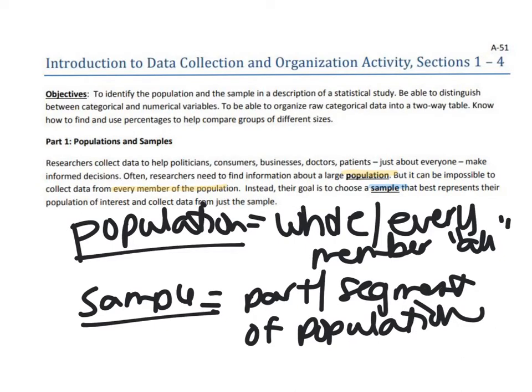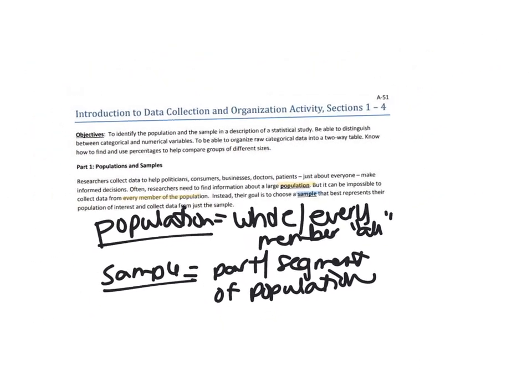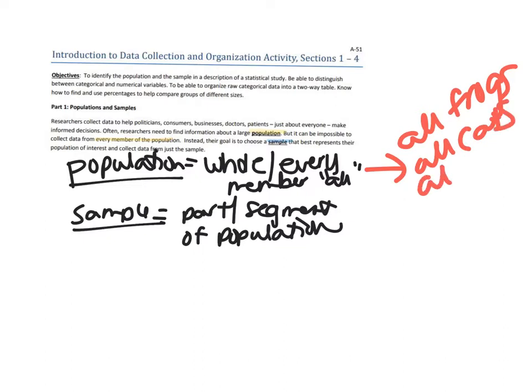Okay, so when we think of these, and sometimes when we want to specifically talk about samples and populations, the main thing I want you to remember, let me make this smaller, and I'm going to move this up here, is keywords. So for population, it would be things like all frogs, all cats, all adults.